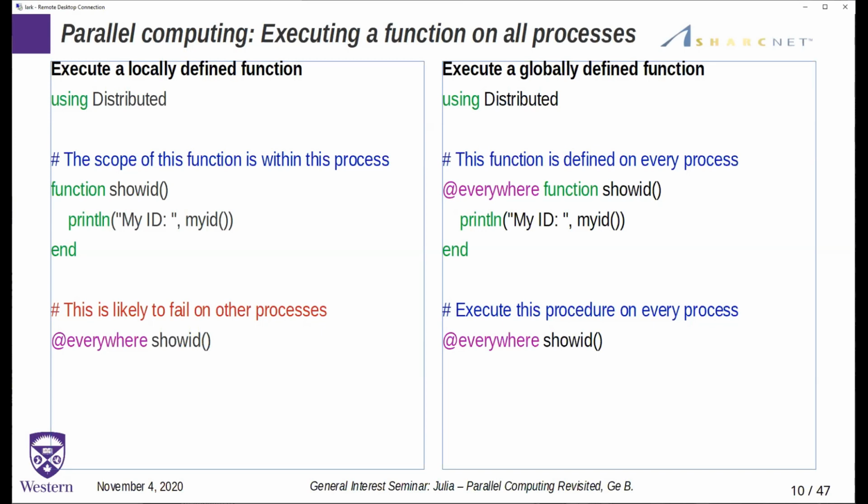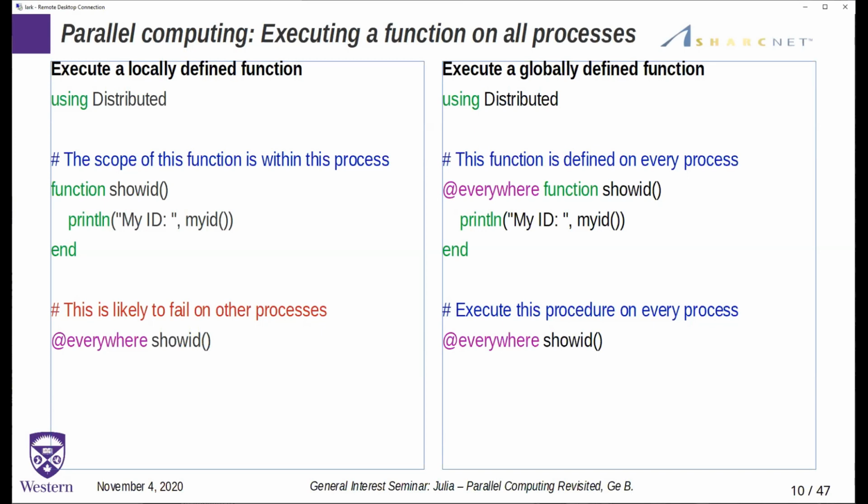If I say everywhere show ID, then this will fail because this function itself is locally defined. There's no way to broadcast a locally defined function to other processes. So instead, the correct way is shown on the right-hand side of the slide.